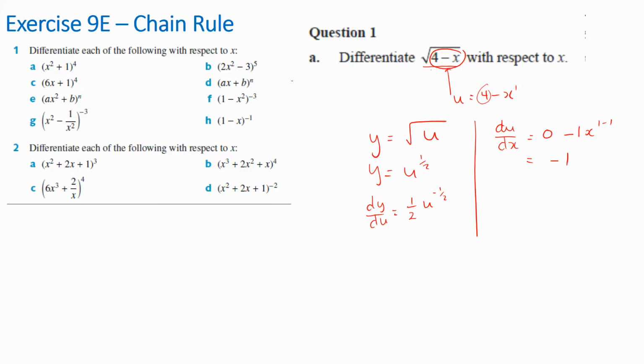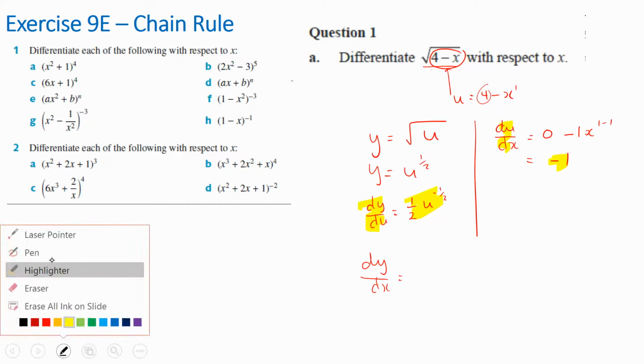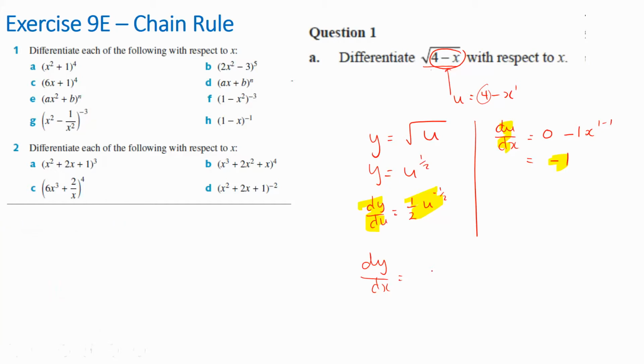So according to the chain rule, dy/dx equals dy/du, which we have, times du/dx. So really we're just saying this multiplied by negative 1. So if I do that, my answer is just equal to negative half u to the power of negative half.